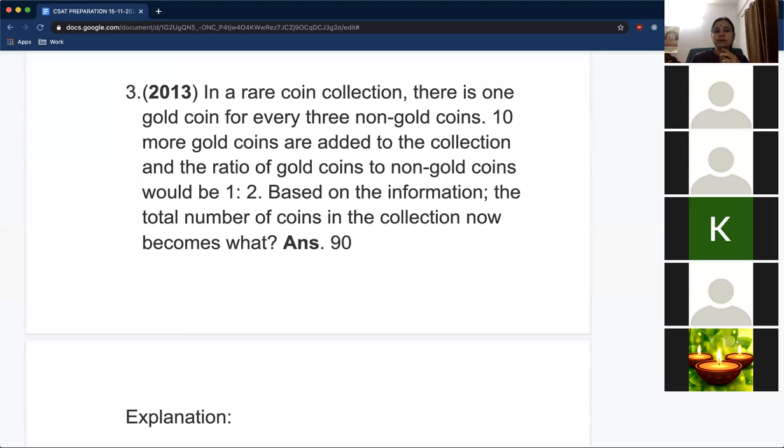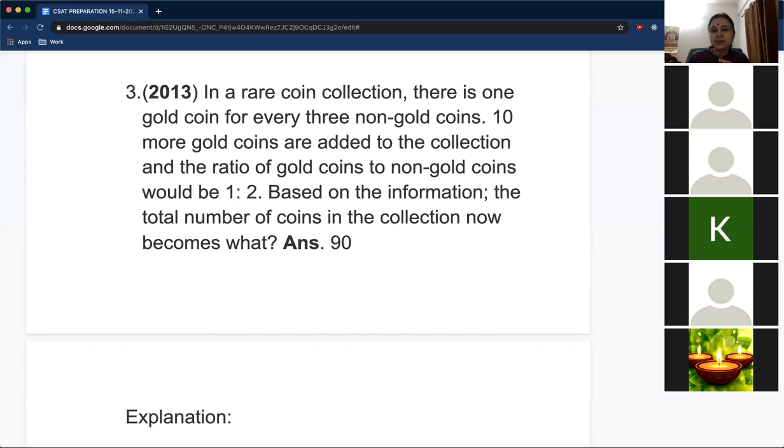Next question. In a rare coin collection, there is one gold coin for every 3 non-gold coins. For one gold coin, you will have 3 non-gold coins. If you have 10 gold coins, you will have 30 non-gold coins. Now 10 more gold coins are added, and the ratio of gold coins to non-gold coins becomes 1:2.